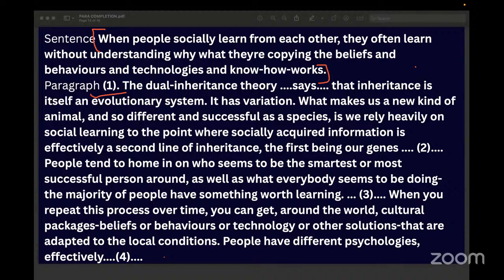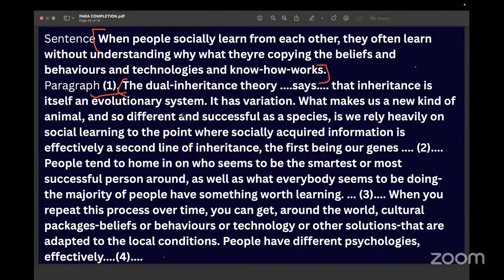Read once, didn't understand, no problem, read again, read slowly. The dual inheritance theory, and try to understand, says that inheritance is itself an evolutionary system. It has variation, what makes us a new kind of animal, and so different and successful as a species. Is we rely heavily on social learning to the point where socially acquired information is effectively a second line of inheritance.